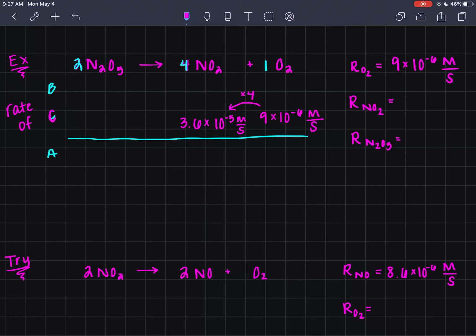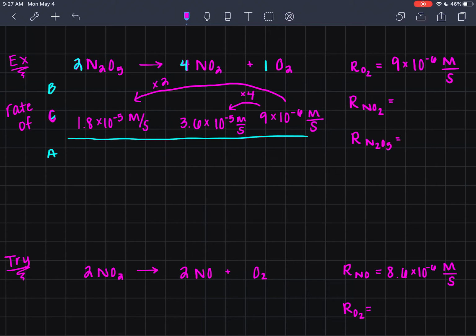Now when I compare oxygen and dinitrogen pentoxide, I see there's a 1-to-2 ratio. So I've got to multiply my rate by 2. I've got to double it. So doubling it will get me 1.8 times 10 to the negative 5th molar per second. Now, once again, I'm only concerned with the change row because I'm looking at rates, which are rates of change. I don't care about my after or my before.